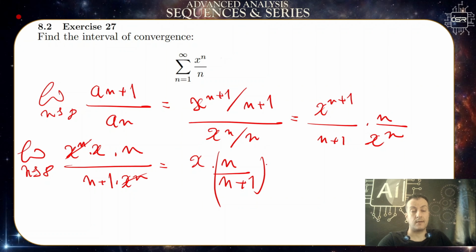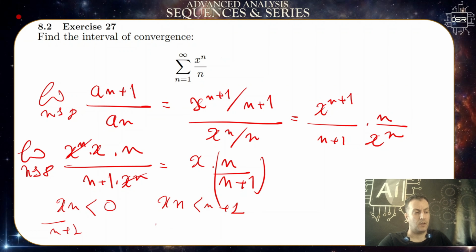In such case, x should be less than 1. So actually the entire product here should be less than 1. xn over n+1 less than 1, in other words. So xn less than n+1, xn minus n less than 1.